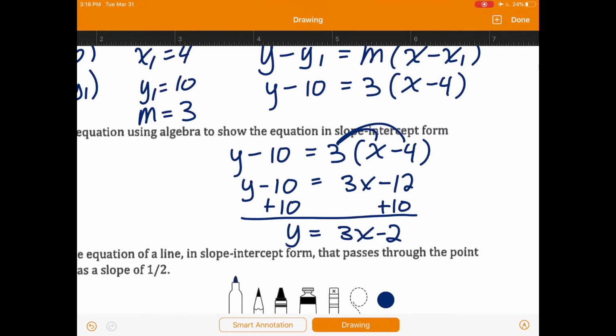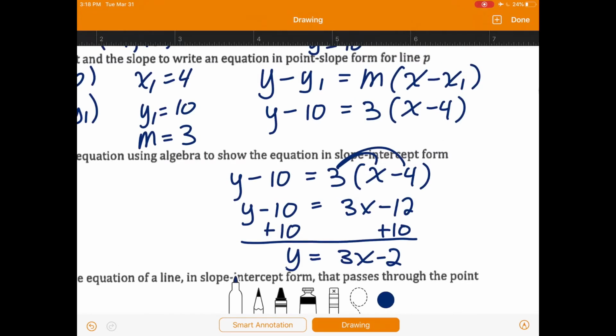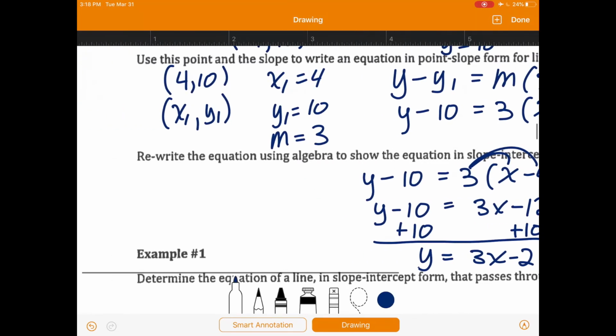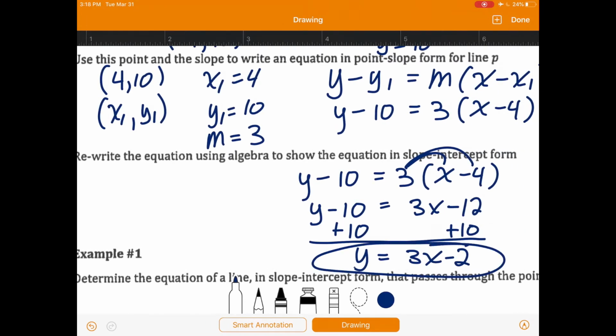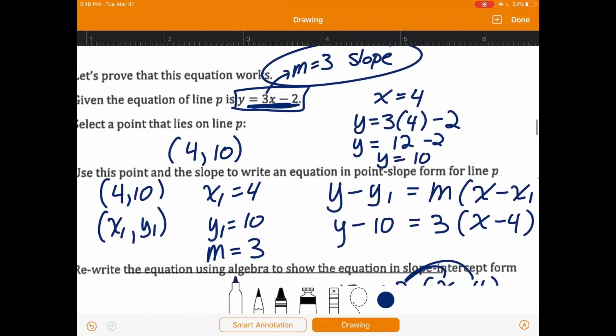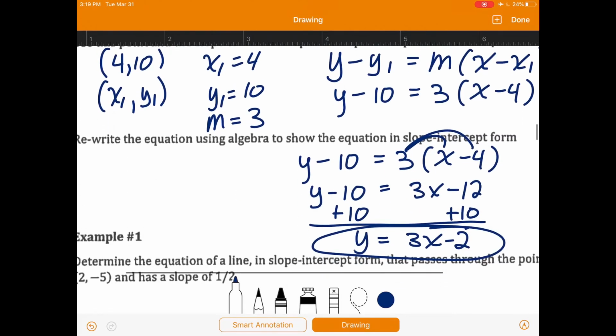And now we've just taken the equation that we came up with before, using a point that was on the line and the same slope, and we've come up with this equation of the line. And that should look pretty familiar because that's the exact same thing that we started with. 3x minus 2, 3x minus 2.